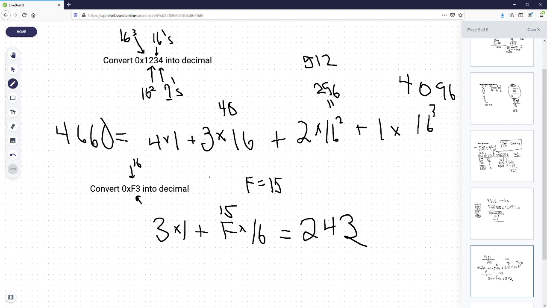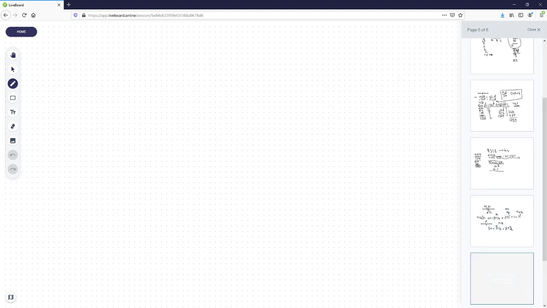Let's do a few more examples. Okay, so let's convert again.